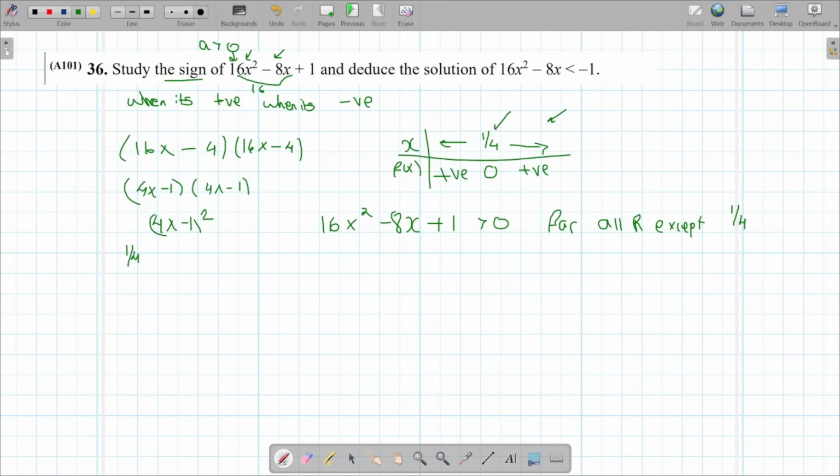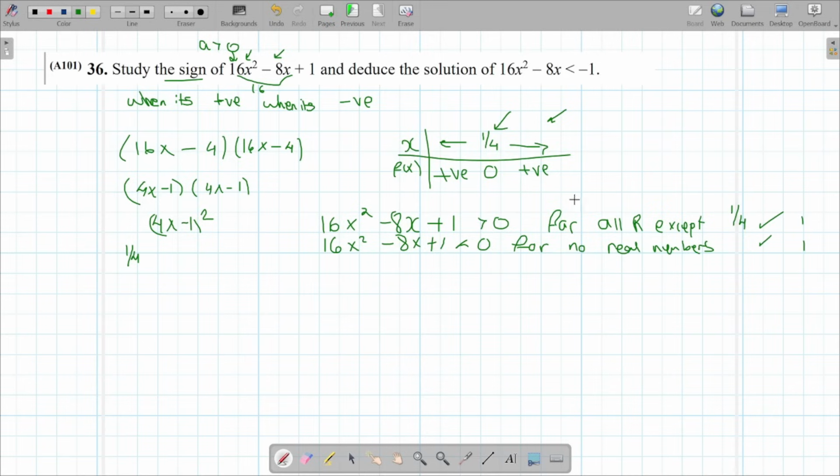Because it's always positive except at 1 over 4. Then when is it negative? 16x squared minus 8x plus 1 is less than 0 for no real values. Like this, you get a mark.